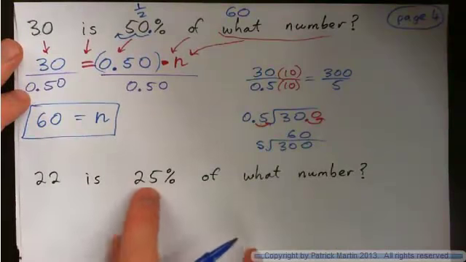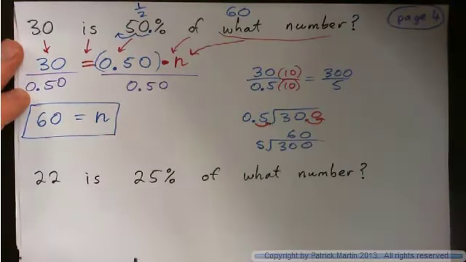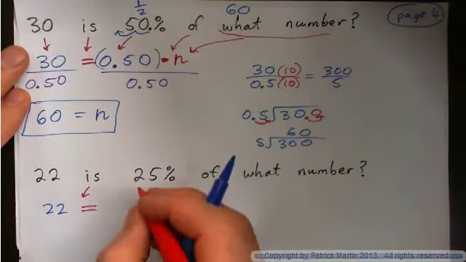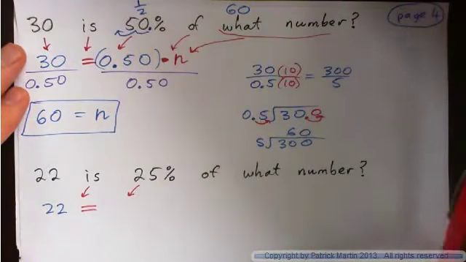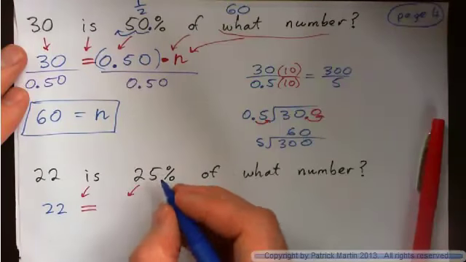Let's first turn it into an equation so we get some practice. So 22 can be written like that. Is can be written as what? Is equals, right? Write 25% as a decimal. 25% as a decimal.